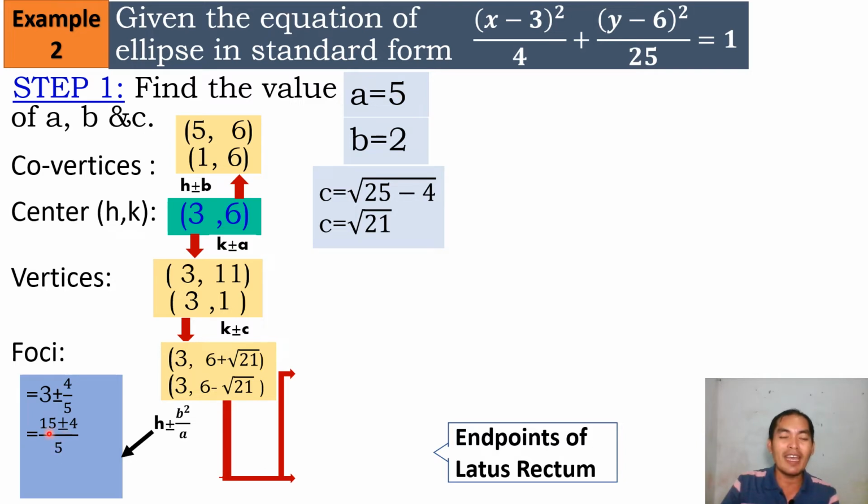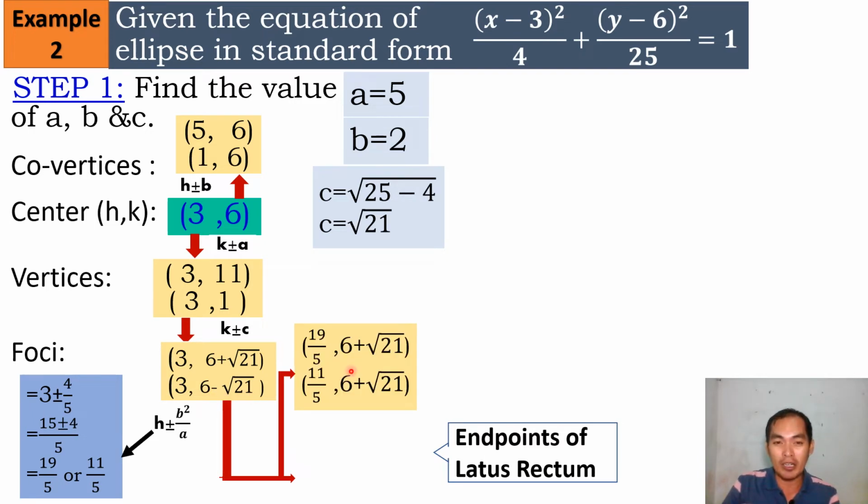Then we simplify, 15 plus 4 is 19 over 5, or 15 minus 4 is 11 over 5. So itong dalawa ang kapartner ng 6 plus the square root of 21, at itong dalawa din ang kapartner ng 6 minus square root of 21. So we have, remember, 4 endpoints of latus rectum because we have 2 latus recta.